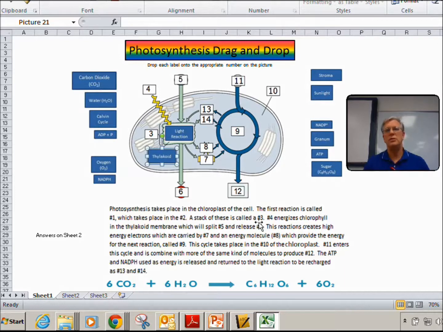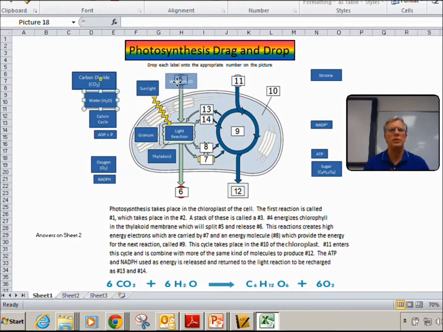And a stack of these is called a granum. Number 4 energizes chlorophyll in the thylakoid membrane. Number 4 energizes chlorophyll. Well, that would be sunlight, which will split number 5 and release number 6, which will split number 5, well, that's water, and release number 6, that's oxygen.